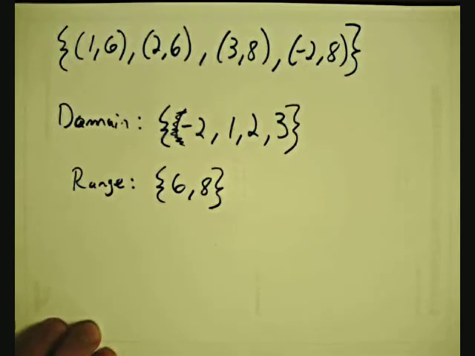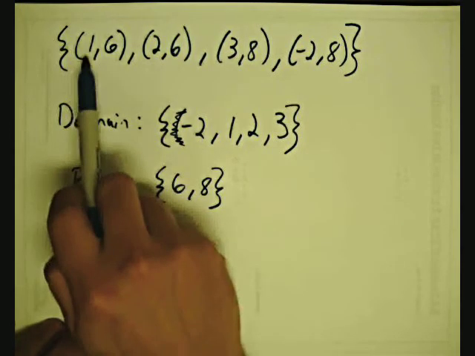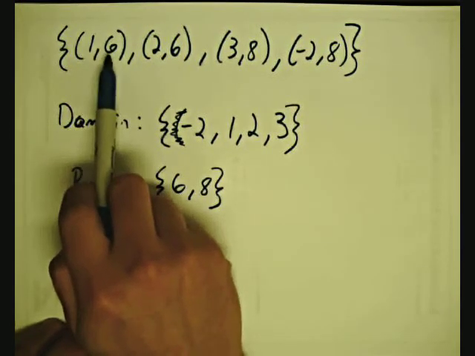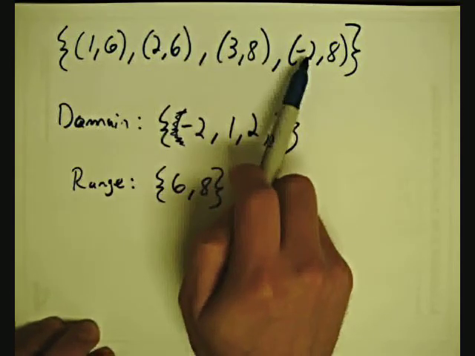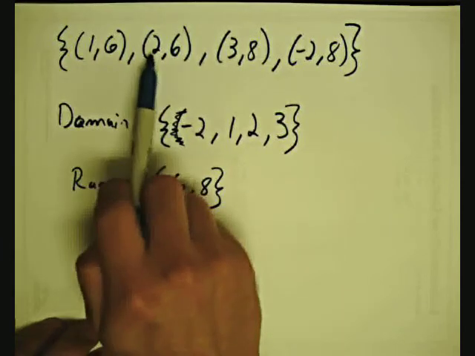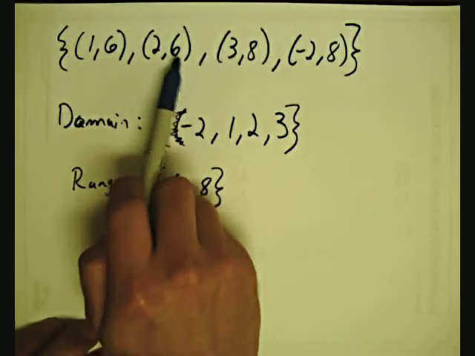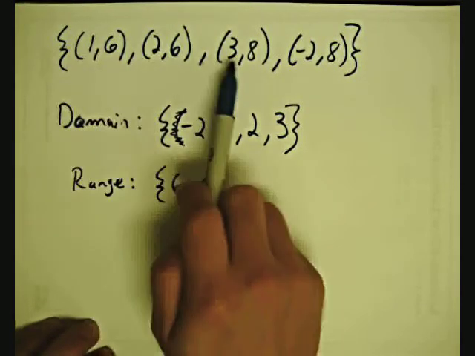Okay, now is this a function or is this not a function? Remember, to be a function, each member of the domain can only be paired up with one member of the range. So looking at our domain, 1 is paired up with 6, and nowhere else do I have 1 being paired up with any other number. 2 is paired up with 6, and nowhere do I have 2 paired up with any other number.